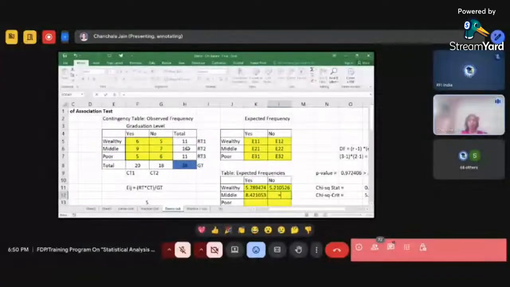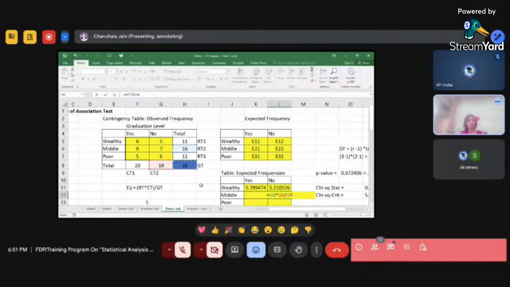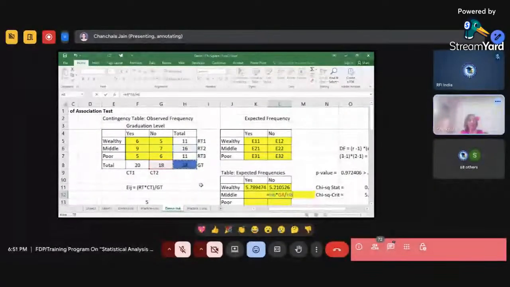I selected second row total multiplied by no is the second column. I selected the second column total divided by grand total. Done?